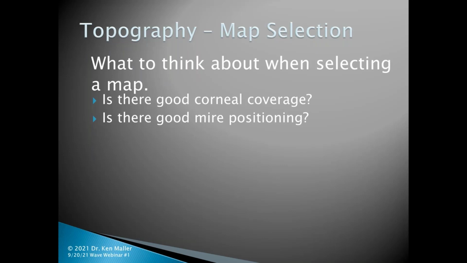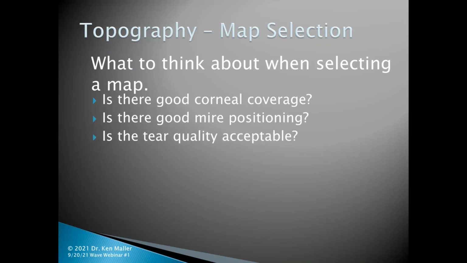On some of those keratograph maps, we saw how they were skewed a little to one side or the other, and how the processed color image really reflected a very, very different outcome in terms of the data it was presenting to you. So we have to make certain that the mires are positioned properly so that the algorithm within the topographer can process the data properly.